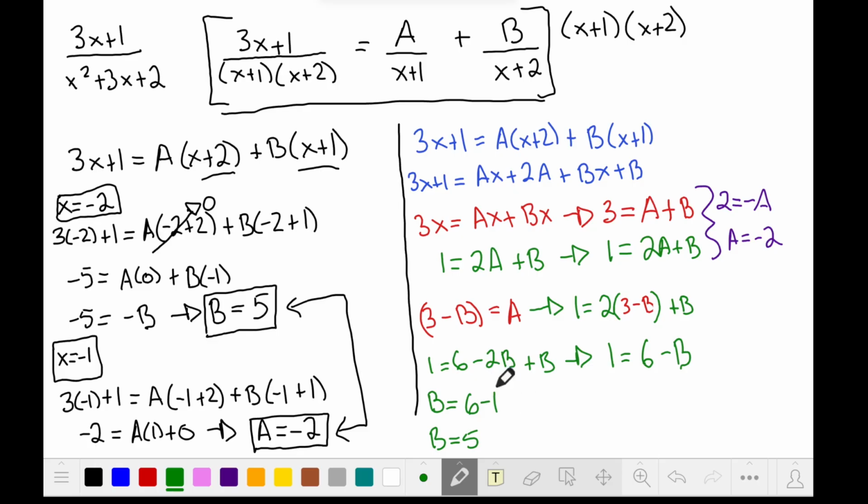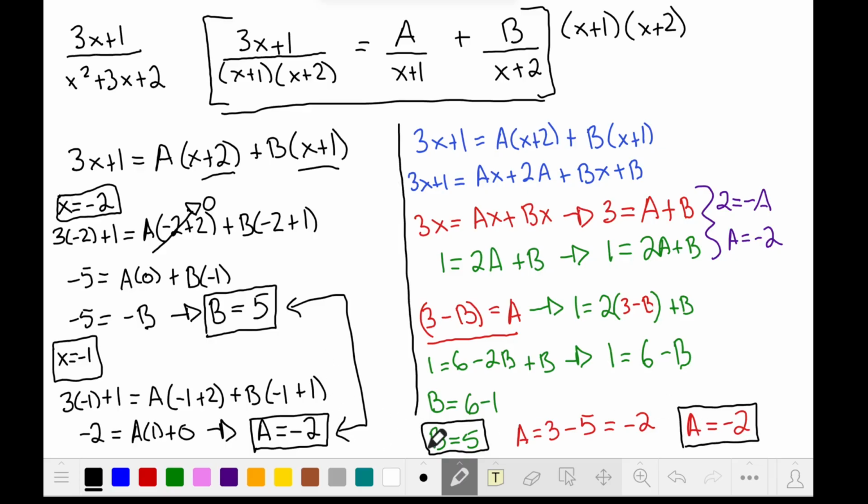And the nice thing about doing the substitution method is that I already have an expression for a. I already know from this term right here that a is equal to 3 minus b, and I already know what b is, which is 5. So I have 3 minus 5, which is minus 2. a is equal to minus 2. And just like that, I have expressions for b and for a.